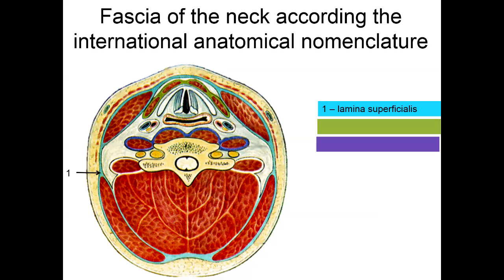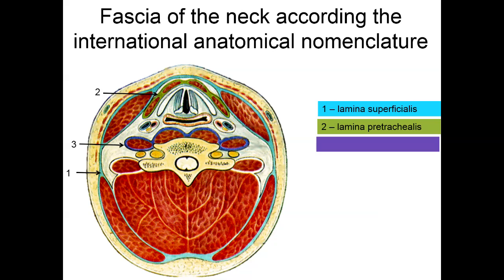Number 1 with blue color, lamina superficialis, which covers musculus sternocleidomastoideus and musculus trapezius. Number 2 of green color, lamina pretrachealis, which covers the muscles of the middle layer, belongs to the region lower than hyoid bone.